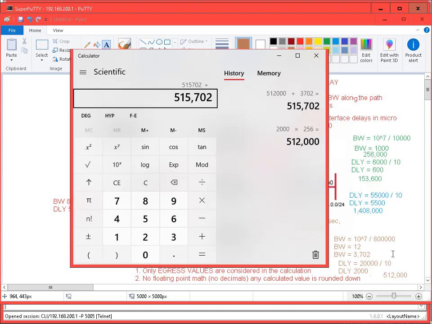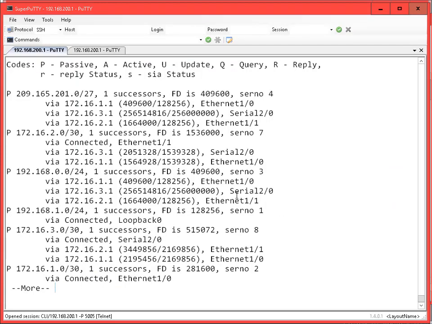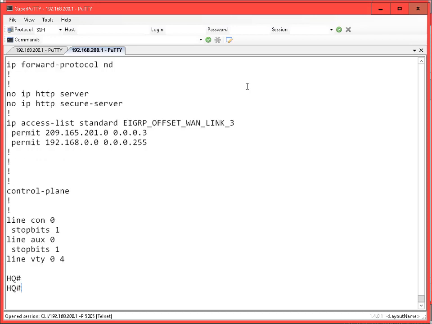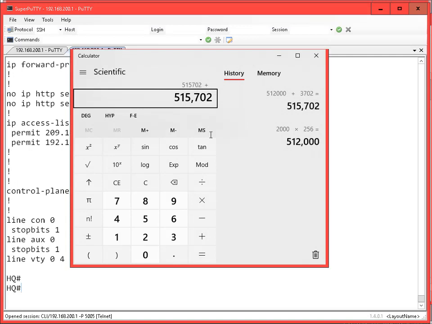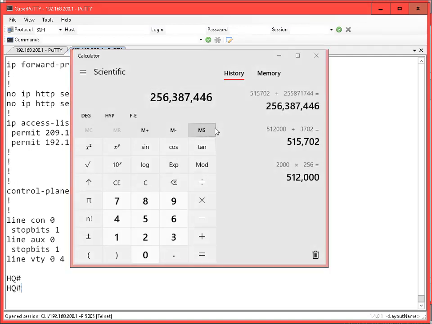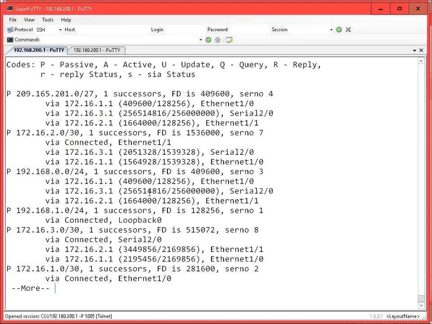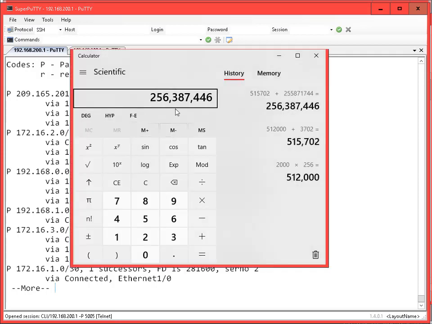And then I add that offset, which I got from the HQ router, this number here. Plus that number. Does that look better? I don't know. Let's see. 256,514,816, 256,387. That's closer. It's closer.